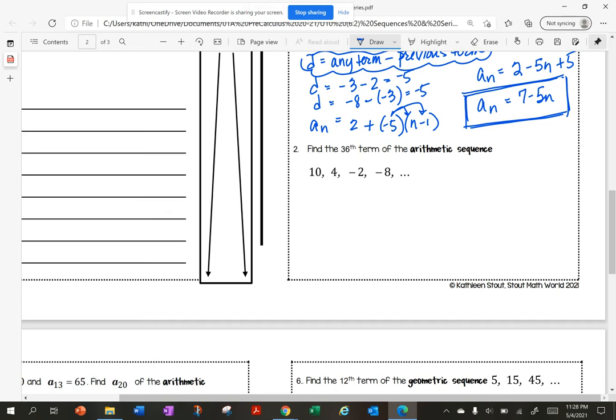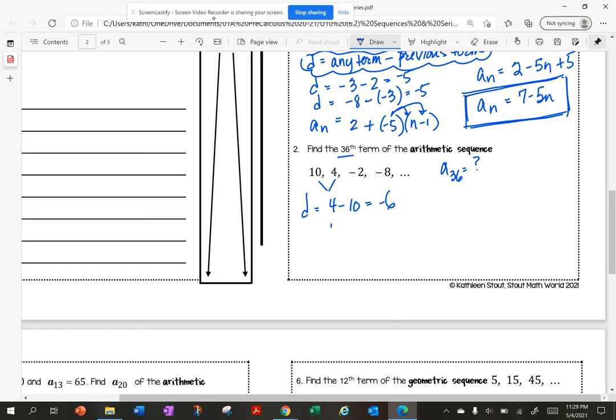All right, this one's asking me to find the 36th term. So what is the 36th term? Again, I'm going to find the common difference first. So d is 4 minus 10, which is -6.